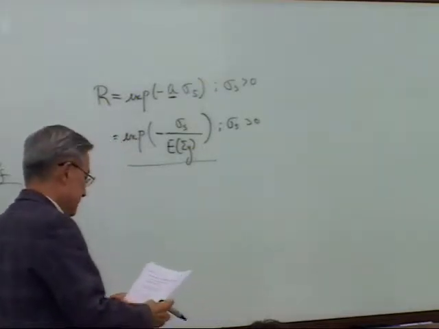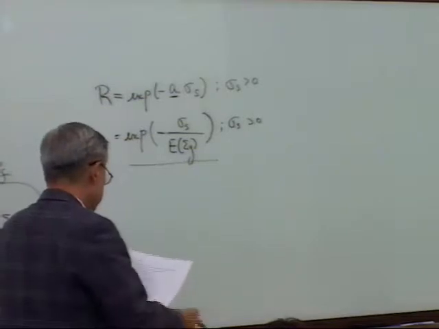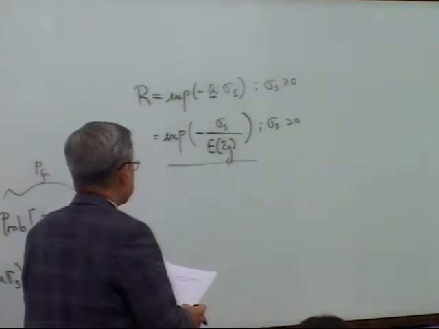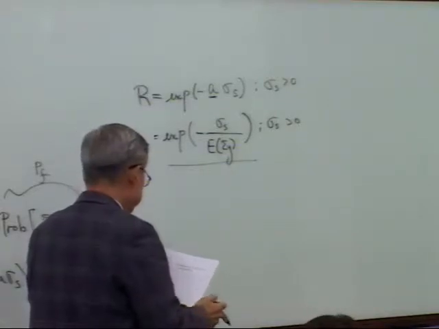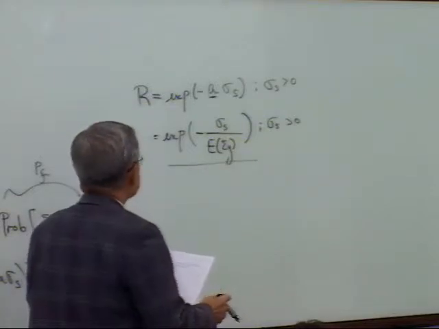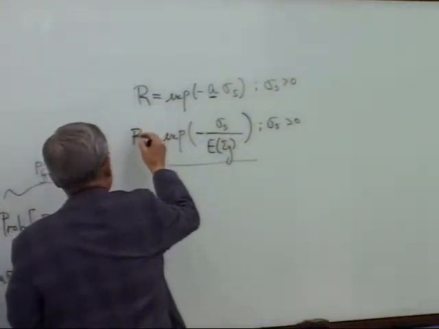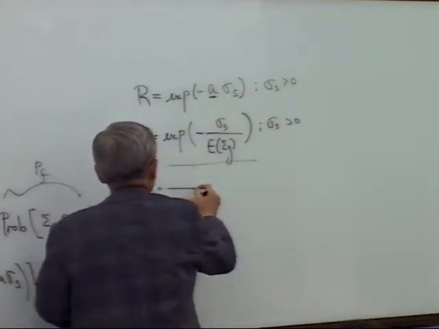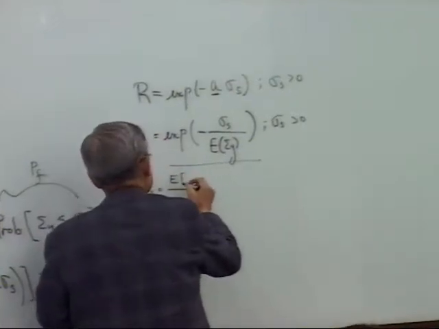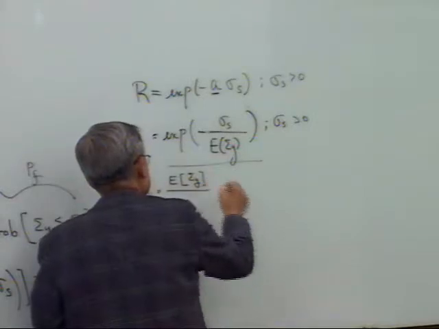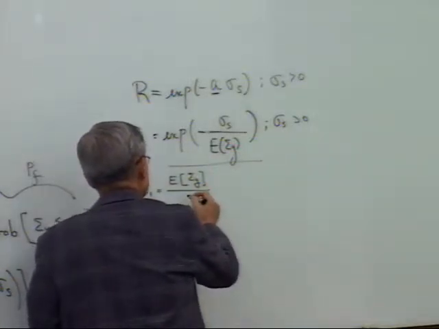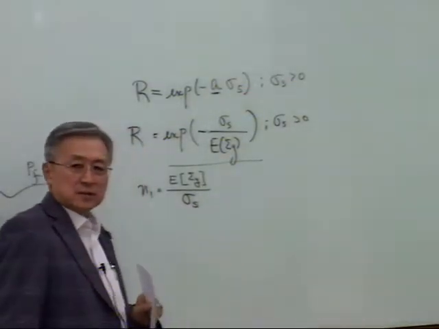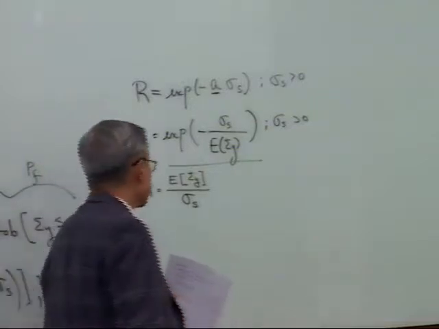We can define that. Then what you can do here is use N1. So this is R, and you can introduce N1. N1 is the mean of the yield divided by the actual stress, which is deterministic.